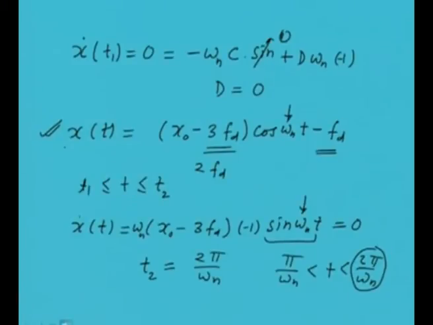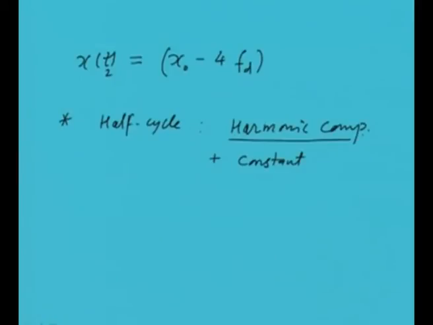So, that means the frequency of this oscillation is the natural frequency, because there is no external force. So, the natural frequency of this oscillation is omega n of this spring mass system, and each half cycle has a duration of pi by omega n.